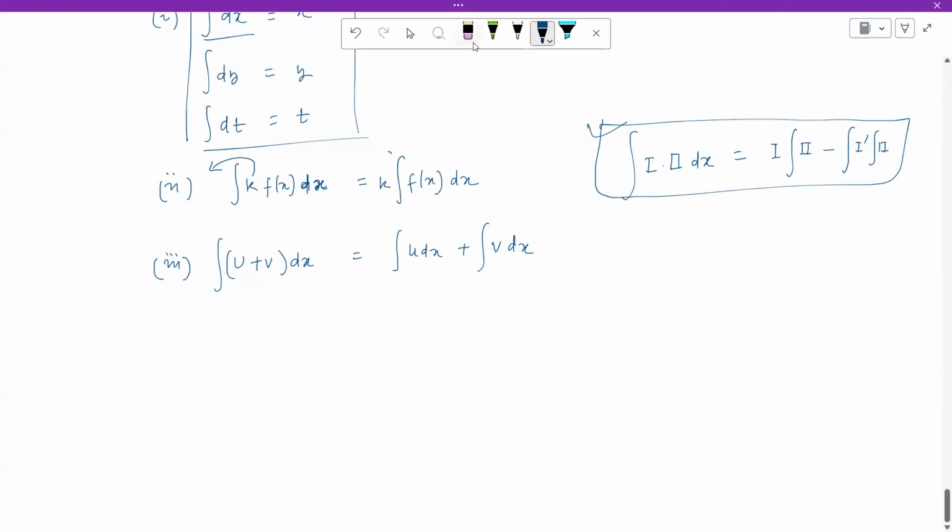So this you won't require for our purposes. Have you studied this? No. So multiplication is not needed.